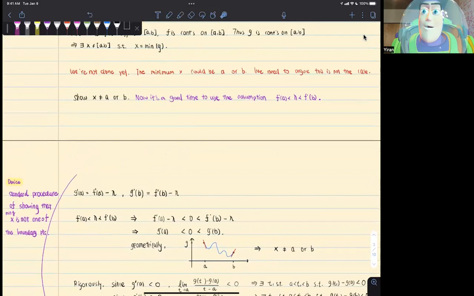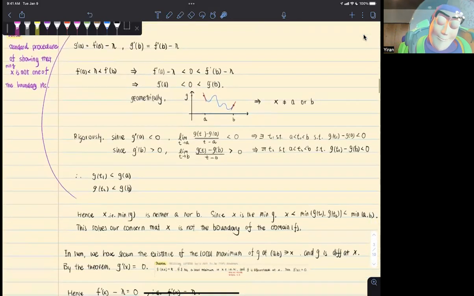Therefore, as long as we show there are points below GA and GB, we're sure that GX must be below GA or GB, because GX is the lowest possible point of function G on the interval AB.